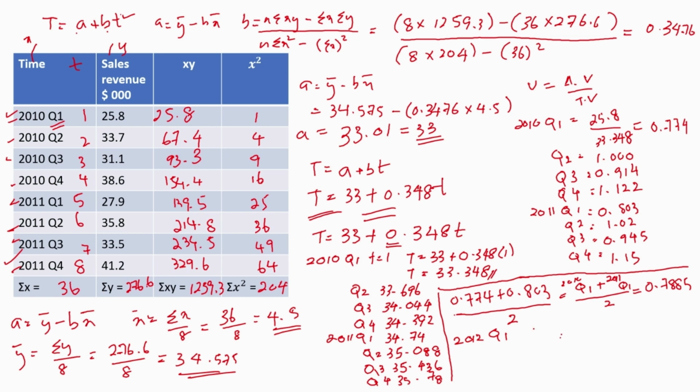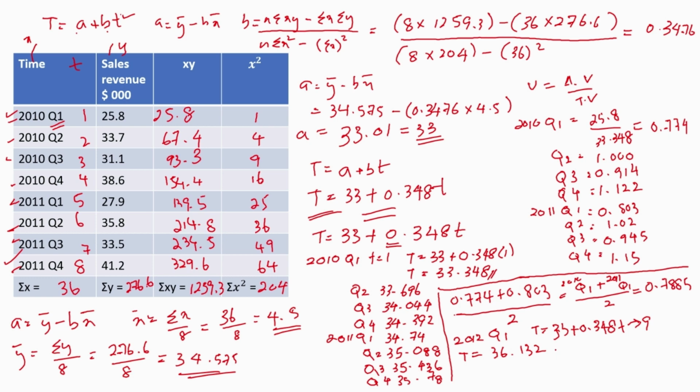We calculated the trend line equation, which is this: T equals 33 plus 0.348 simple T. So simple T here will be 9 because 2012 quarter 1 will be the ninth time period. So what we are going to do here is find the T value. So the T value for 2012 quarter 1 is 36.132. So this is the trend value.